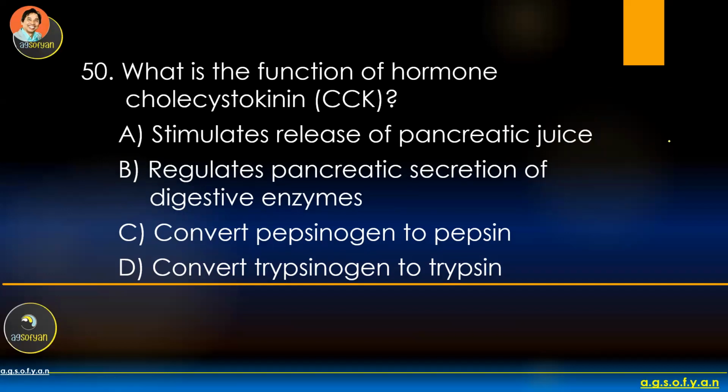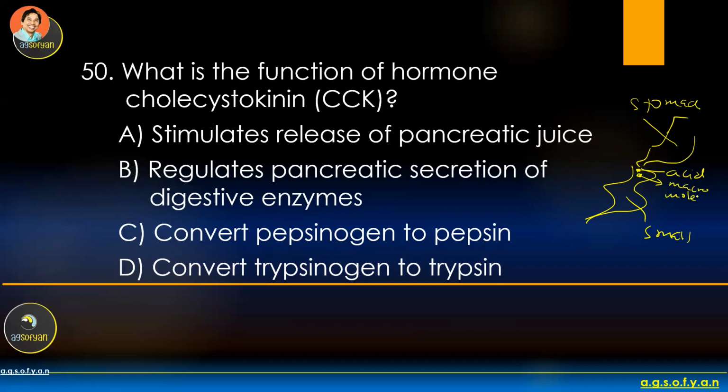Okay, remember again, when the food coming from the stomach go to the small intestine. First, this food will be carry acid on it, okay? And also of course the macromolecules, like proteins, carbohydrates, lipids, right?